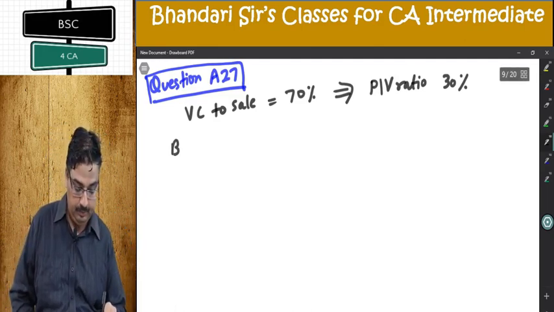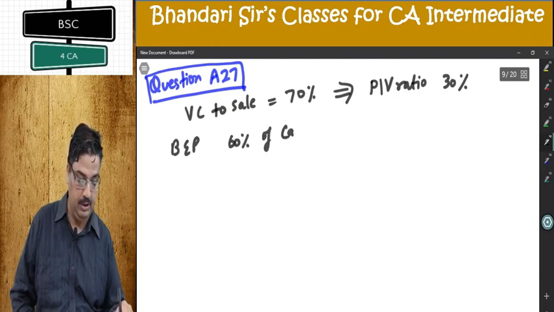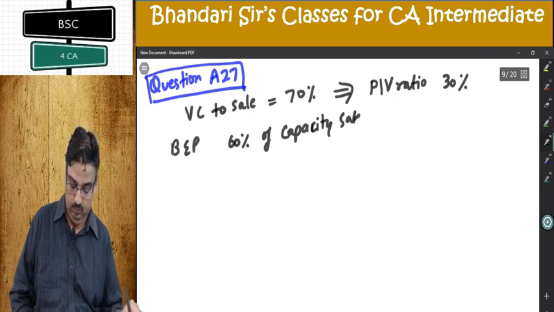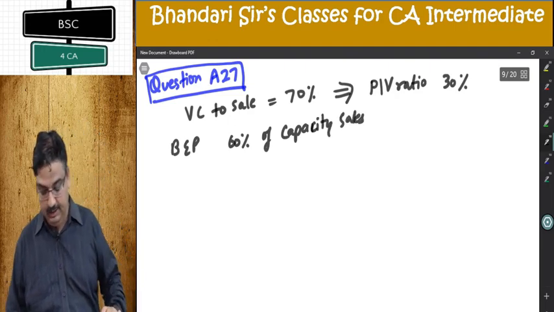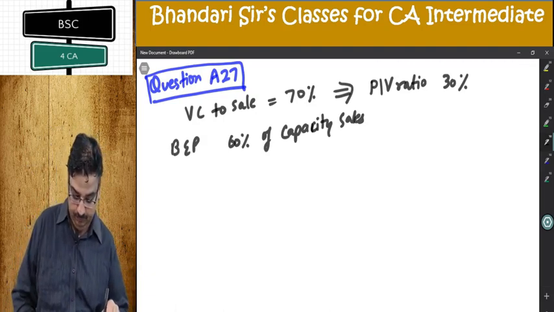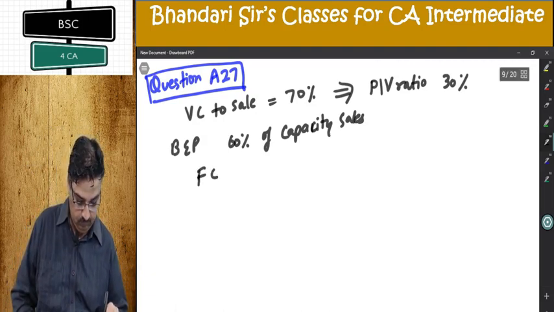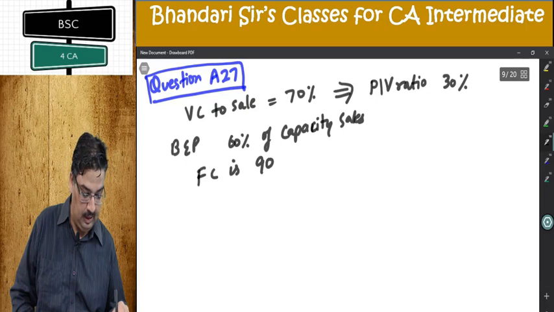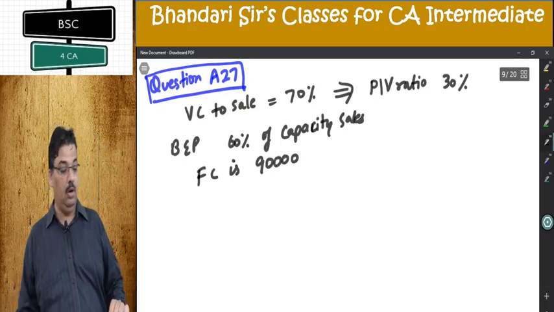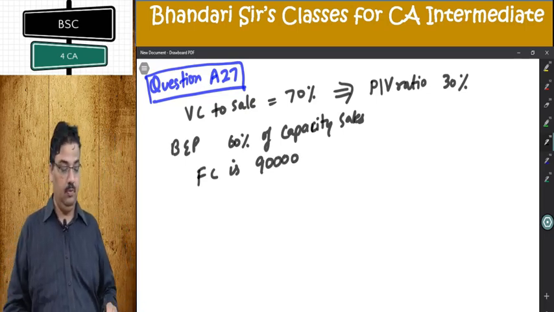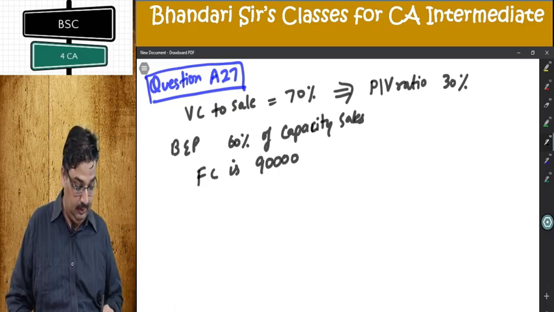Break-even point is at 60% of capacity sale. Find capacity sale when fixed cost is 90,000. Now let us concentrate on this. Now fixed cost is 90,000.